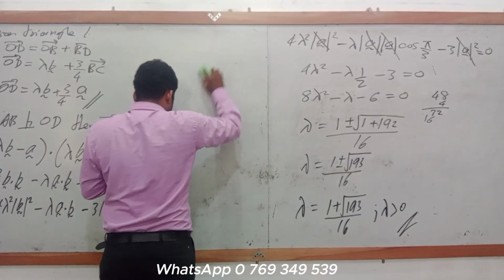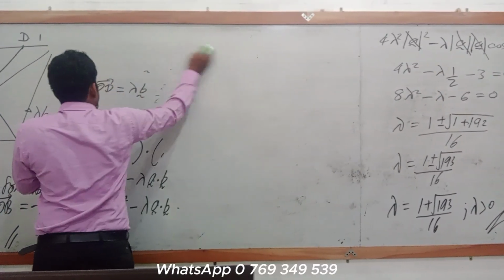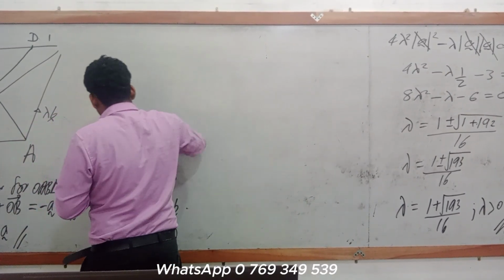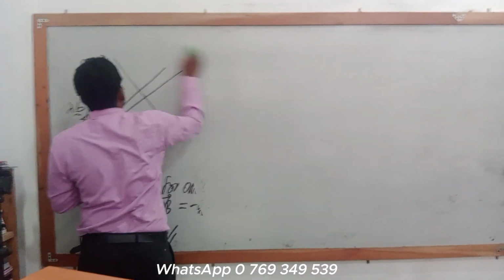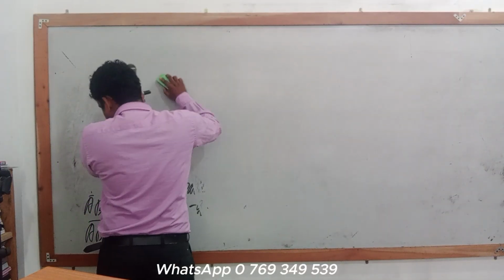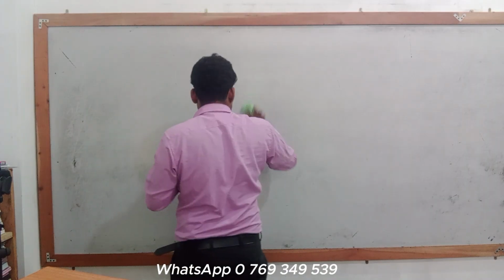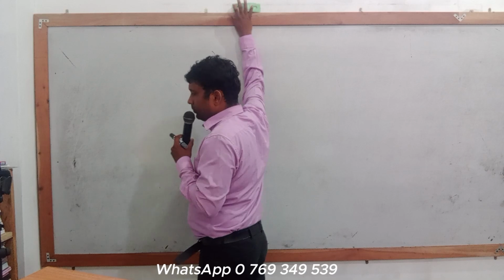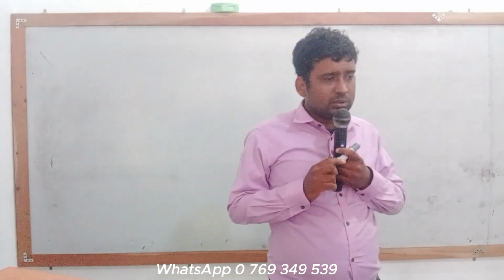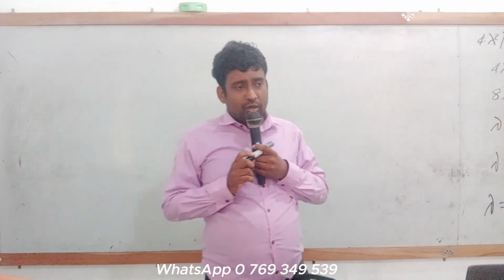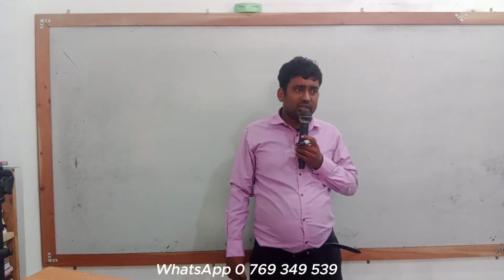Now we have the final question. ABCDEF is a regular hexagon with side 2 meters.